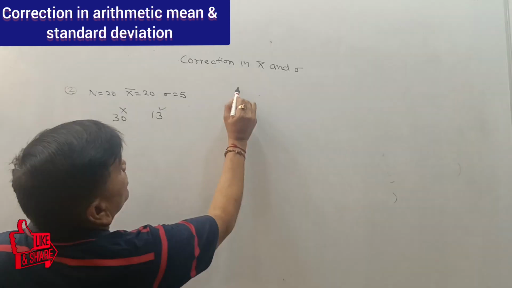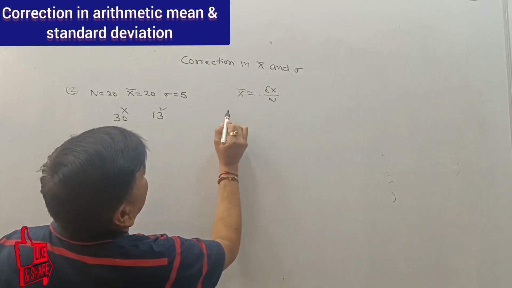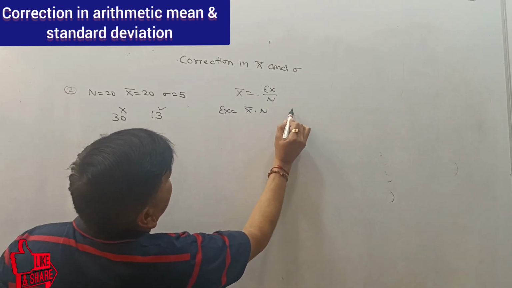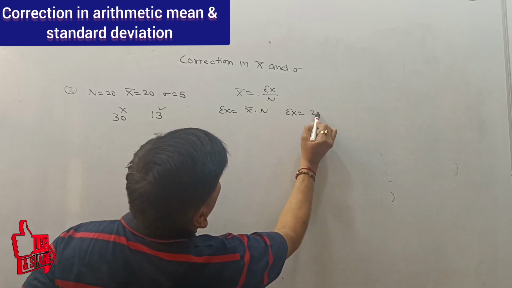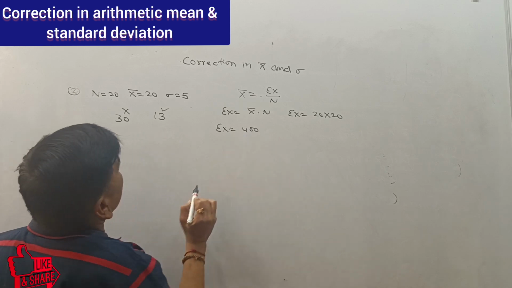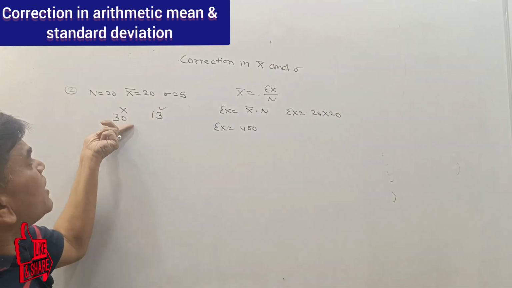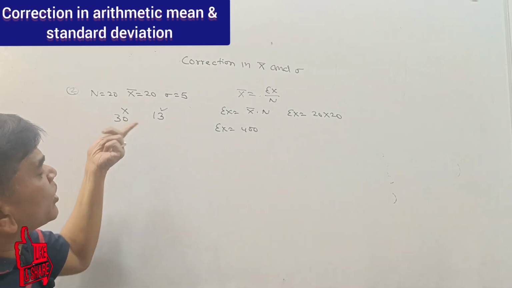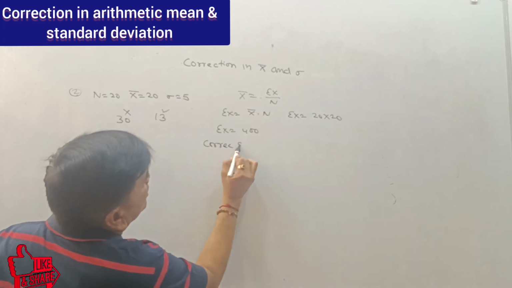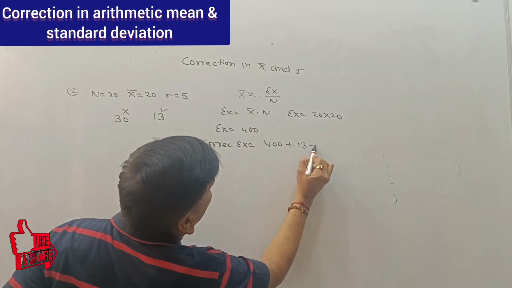Okay, so x bar is equal to sigma x upon n. So sigma x is equal to x bar multiplied by n. Sigma x is equal to 20 multiplied by 20, so sigma x is equal to 400. But this is wrong because we were to take 13, but we have taken 30. So correct sigma x is 400 plus correct value minus wrong value.